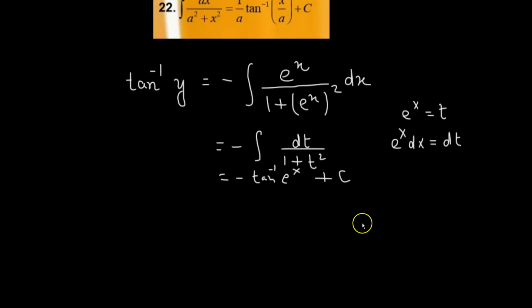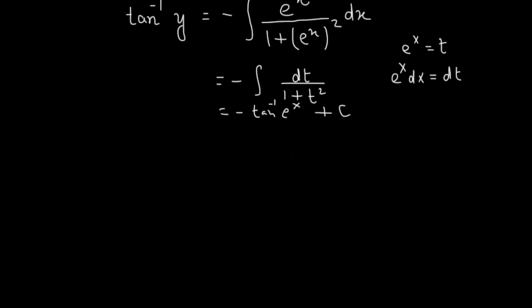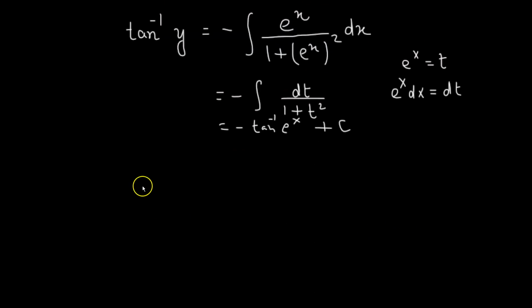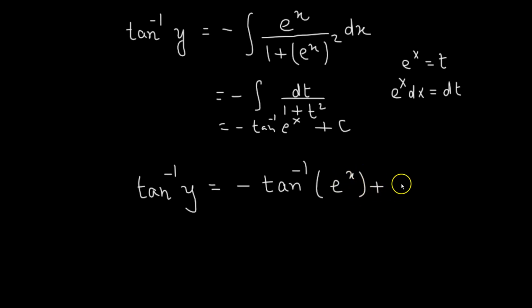So let's write down everything nicely. We have found that the integral on the left hand side gives us tangent inverse of y, and the integral on the right hand side gives us negative tangent inverse of e raised to the power of x plus the constant of integration c.